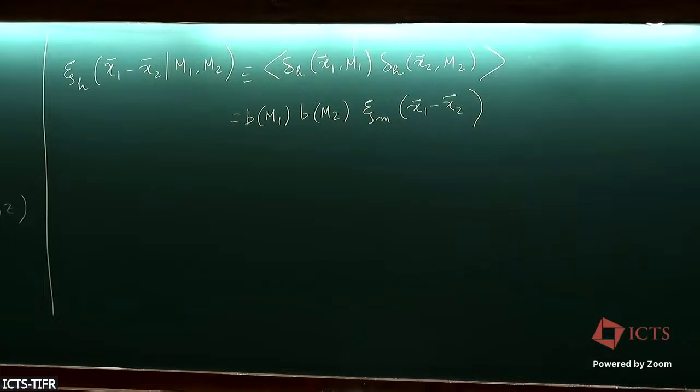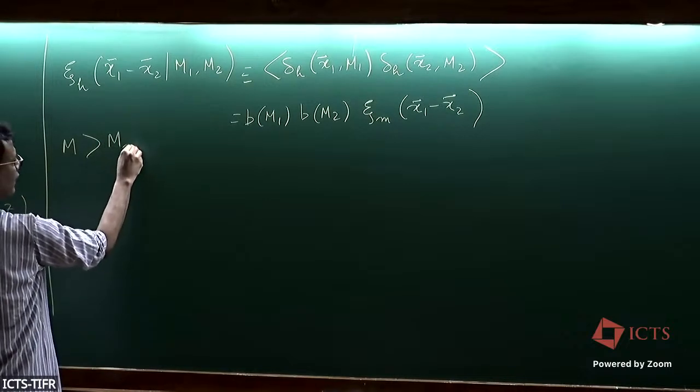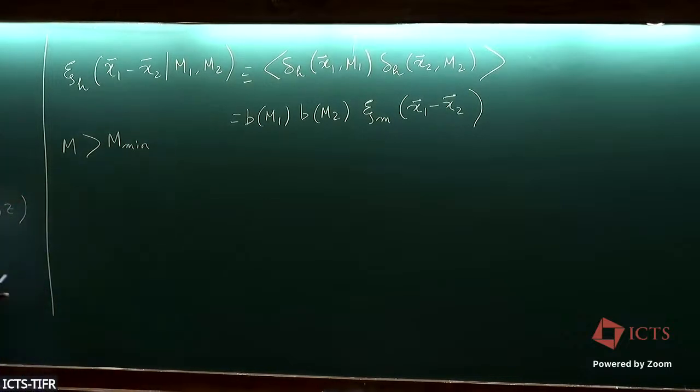If you are interested in just halos of one mass, then it will become B square. And you can write similar expressions for power spectrum as well. Since it is easier to do it in real space because halos are in real space, I am doing it in this way. Suppose you are interested in all halos above some mass m min. Okay, so you say that I take 10 to the 10 solar mass halos.